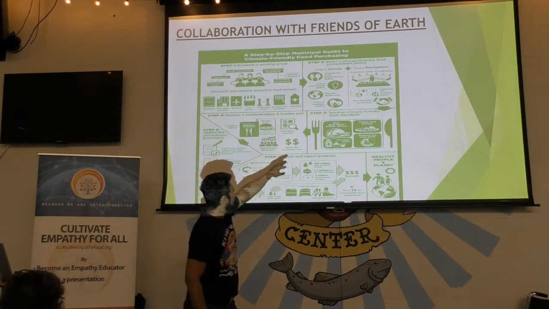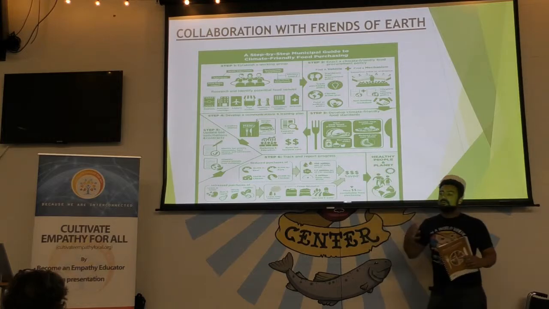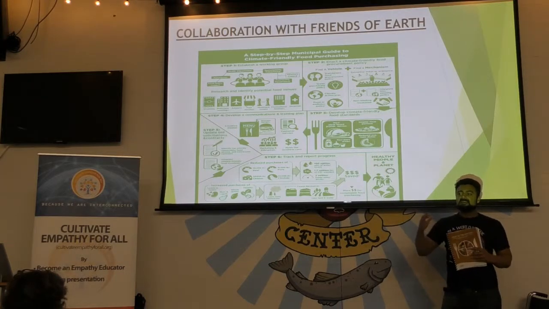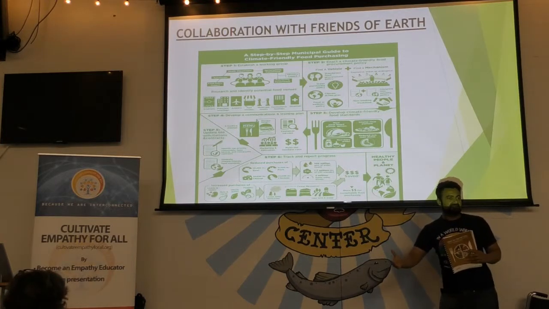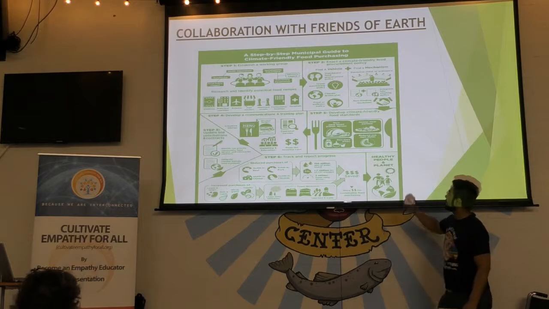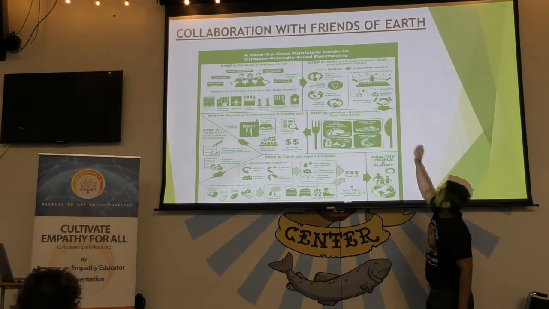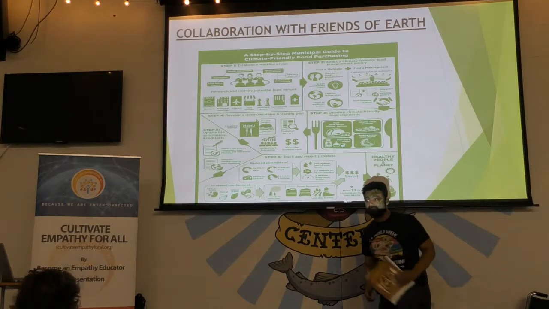Then they can develop food standards, meaning which foods generate less greenhouse gases and impact our sustainability less. Once the food standards are created, they can enact climate-friendly food purchasing policies.